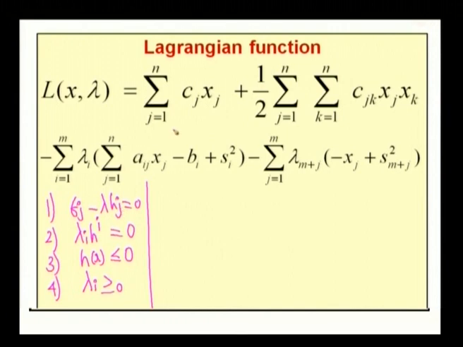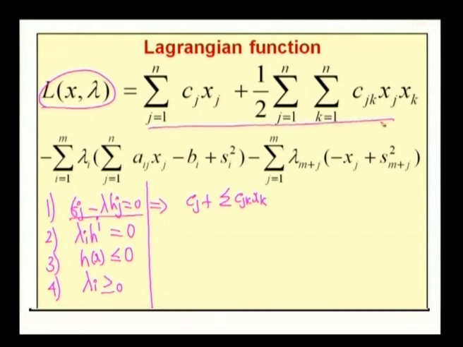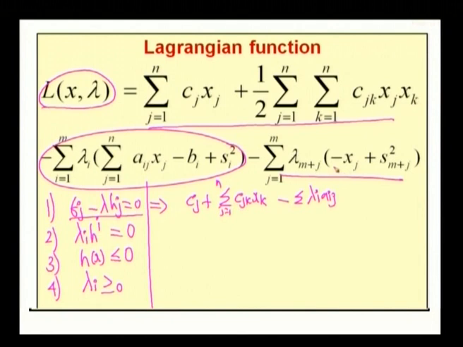Now, we try to find the Kuhn-Tucker conditions for the given quadratic programming problem using these conditions. The partial derivative of L of x comma lambda with respect to the decision variable xj gives us cj plus summation cjk xk, where k varies from 1 to n, minus summation lambda i aij, plus lambda m plus j.